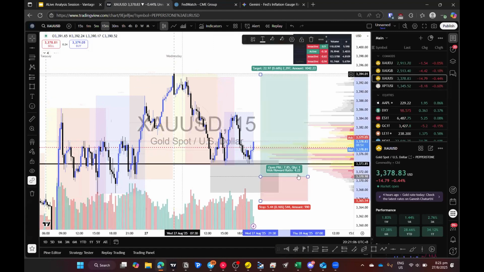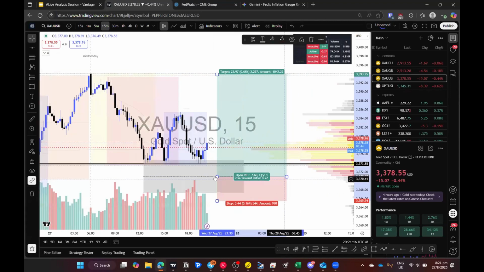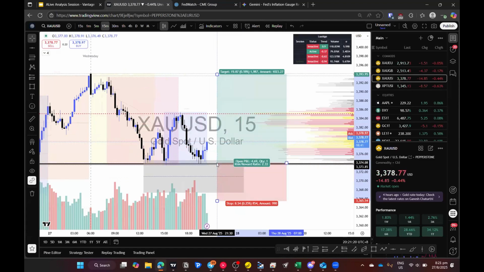So that gives us a nice 4.22 risk to reward. Okay. If you're aggressive, you can actually set that entry right at the low of your London session, but that will only give you a 1:2.44.